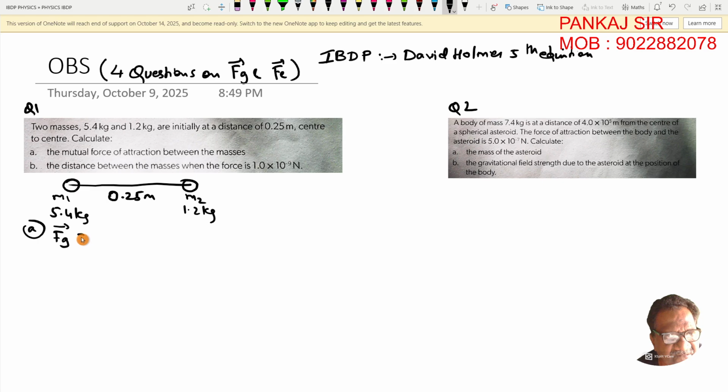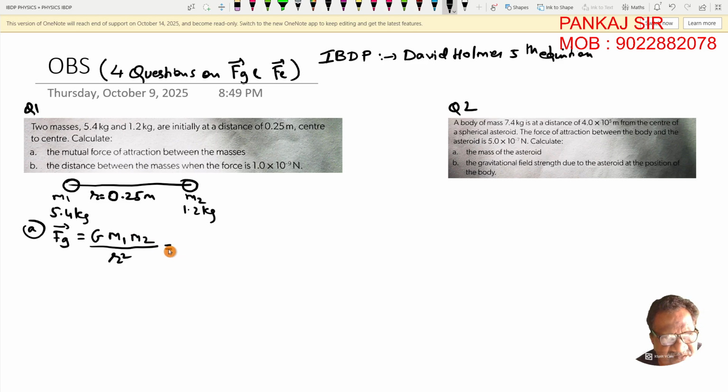It is given by the formula G, the universal gravitational constant, times M1 times M2, the whole thing divided by R squared. R is the distance between the two masses, which is 0.25 meters in this case.